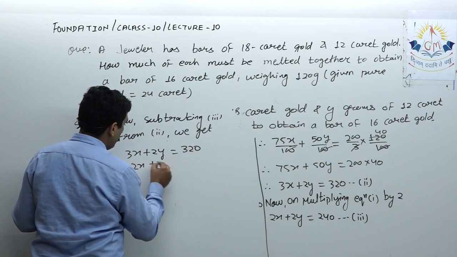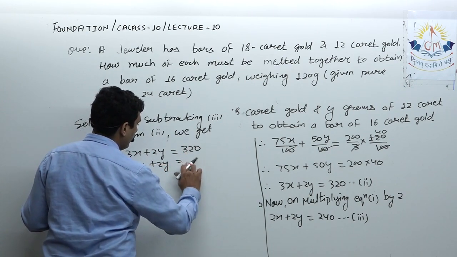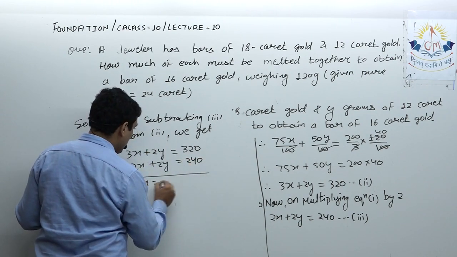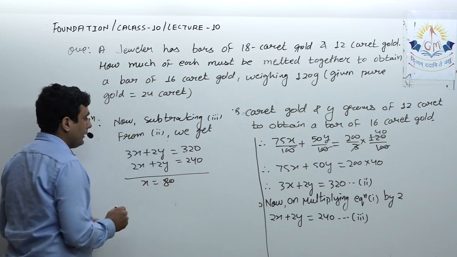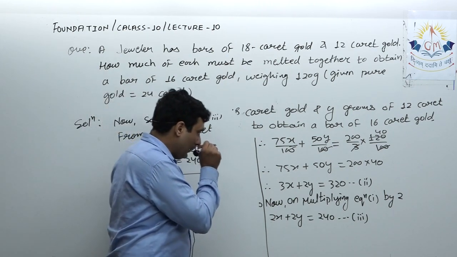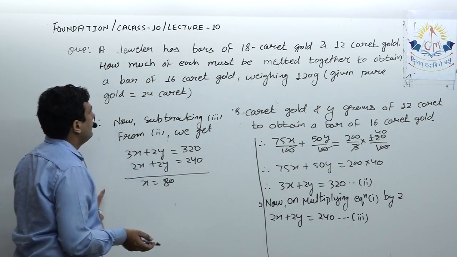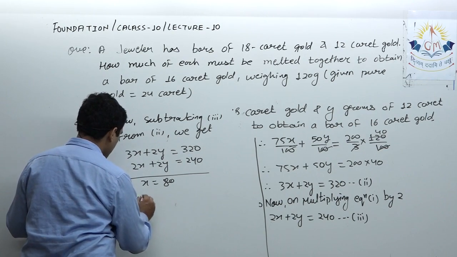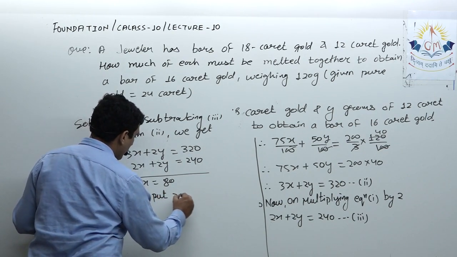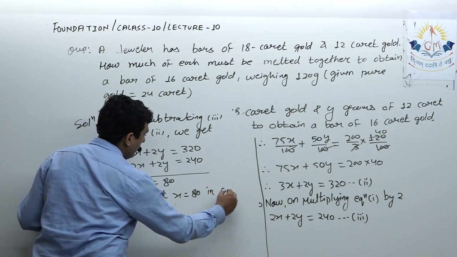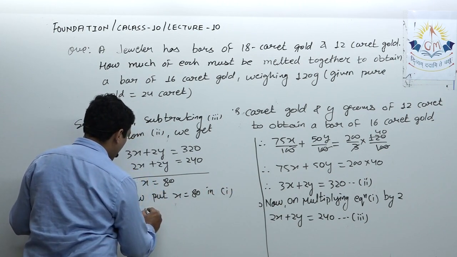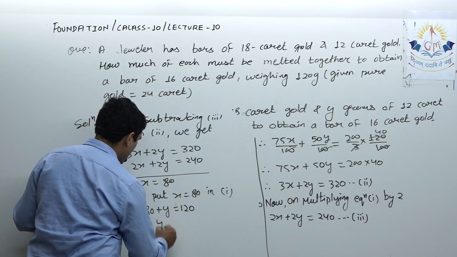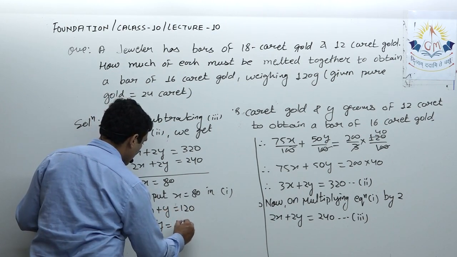Here we have 2x plus 2y is equal to 240. So x is equal to 80. Okay, now put x equal to 80 in equation number 2 or 1, whatever. Put x equal to 80 in the first, and the first was x plus y, so 80 plus y equal to 120, that is y is equal to 40.